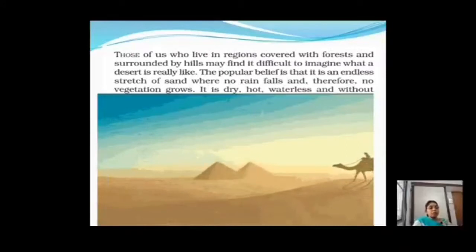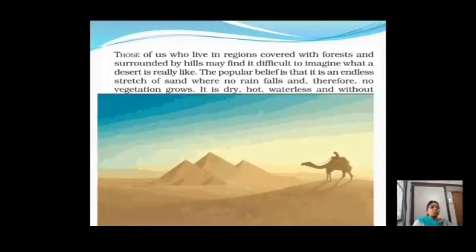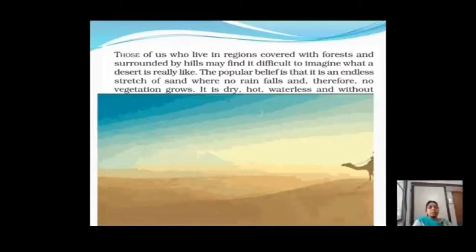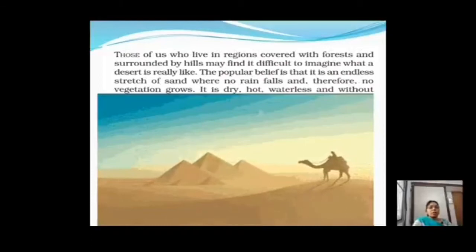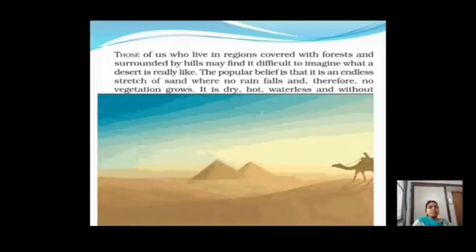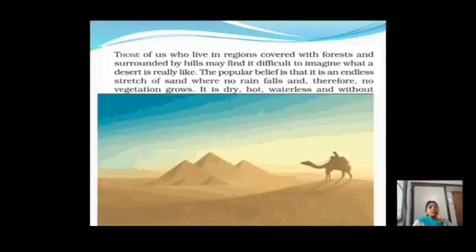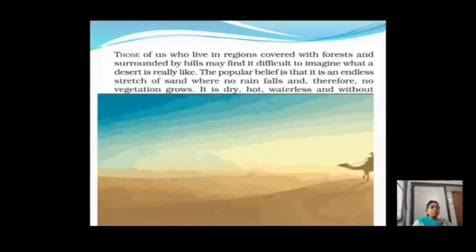Who imagines all these? The people who lived in the forest area, the area where water is more. All these people will imagine the desert as what? A difficult area full of sand, no rainfall, no vegetation grows. Everything is their imagination. Do you know, children, where do we get dates from?